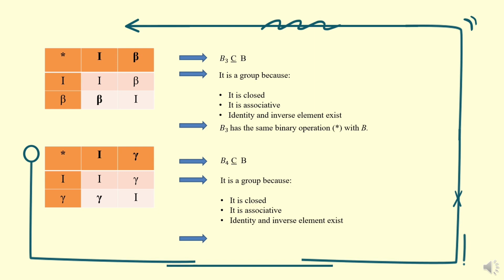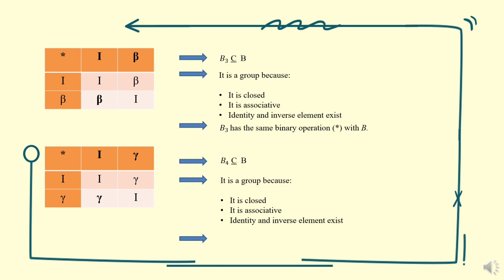And then it is associative. Yes, because if we flip this table, we can get the same value as this table. So in that way, we can define that this table is associative. And lastly, identity element exists as well as inverse element.